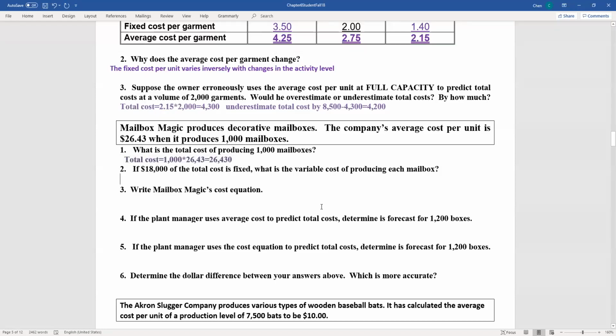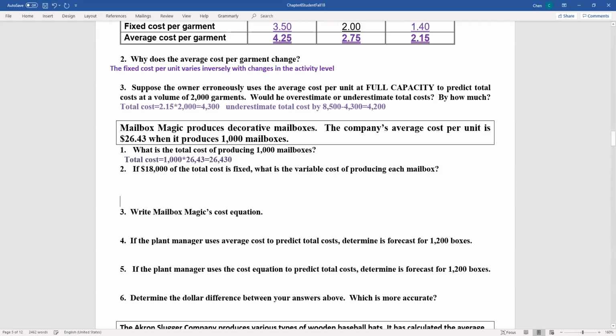Next, if 18,000 of total cost is fixed, what is the variable cost of producing each mailbox? All right, so now it comes to the cost function, right? Total cost will equal variable cost, which is associated with X, plus fixed cost, right?